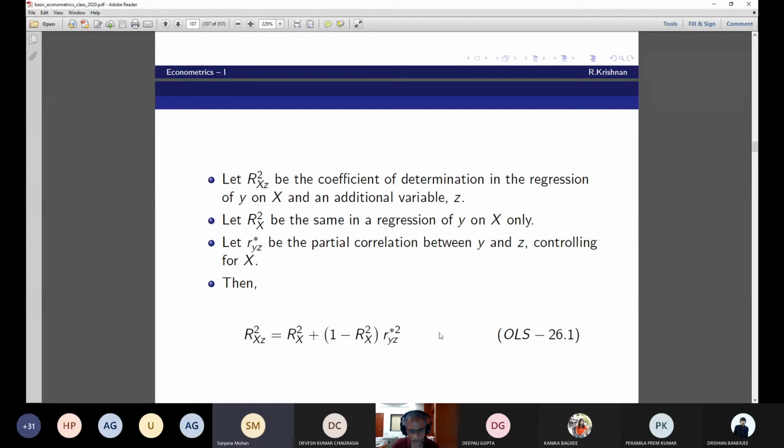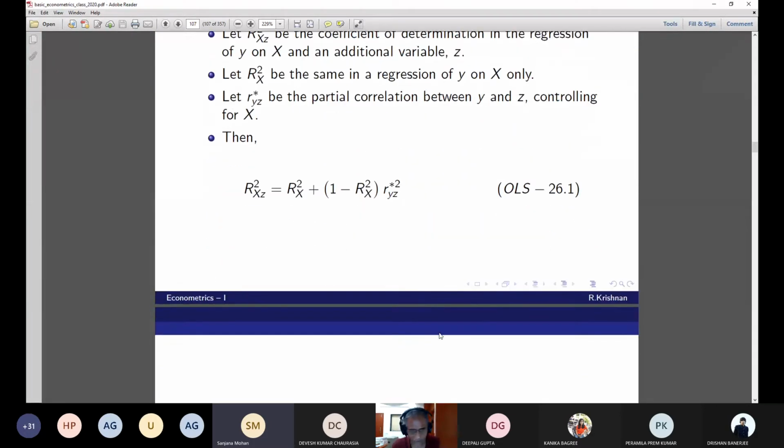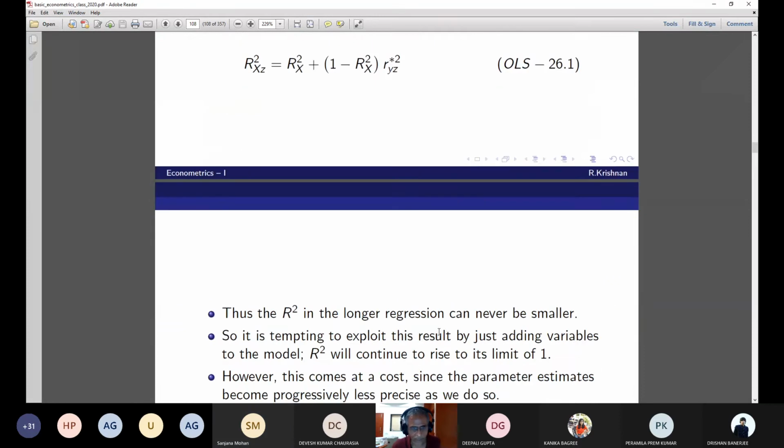That is the first bullet point. It will be more than the R square of just y on x. Look at this. R square of the longer regression can never be smaller. Can we claim this?